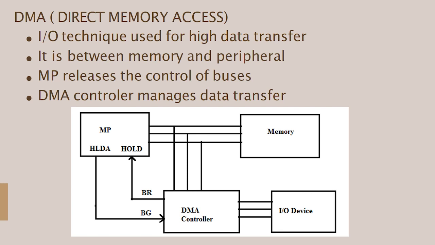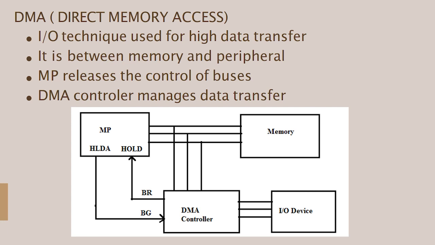Then the DMA takes charge and starts to transfer the data. The DMA controller manages the data transfer between the memory and input-output devices without the help of the microprocessor, so it acts as a microprocessor during the large data transfer.